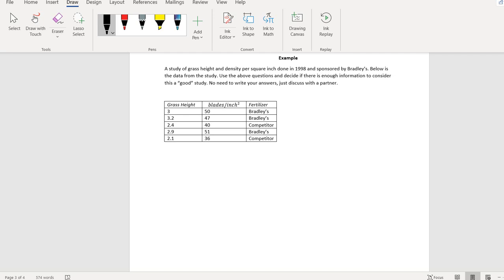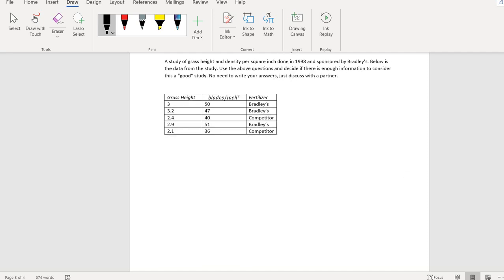All right, so what happened is that a study of grass height and density per square inch was done in 1998 and sponsored by Bradley's. What they did is that they collected the information below, and we just want to tear it apart and talk about why it is and isn't a good study. One of the reasons that I found this was a poor study is because grass height has no unit.